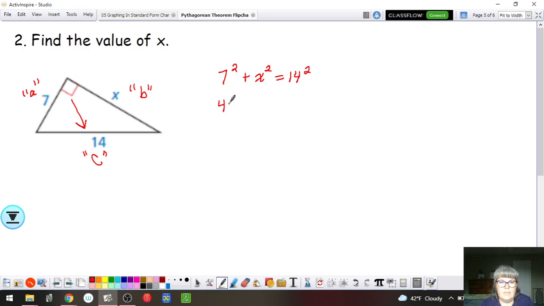So that's 49 plus x squared equals 196. But I need to get x squared by itself before I can take the square root of anything. So I need to subtract 49 from each side.